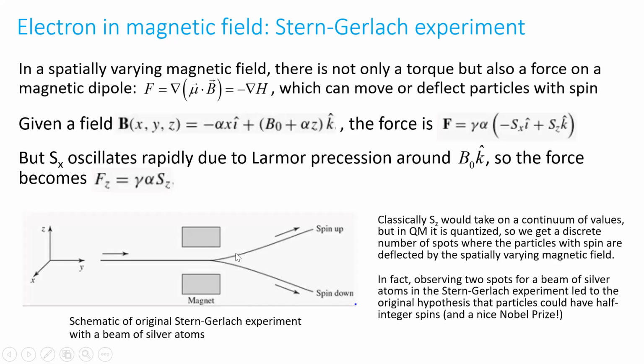There are only 2 possible values of force that they experience: either FZ is gamma alpha times h bar over 2, or FZ is gamma alpha times minus h bar over 2. So we get 2 spots, one for spin up and one for spin down. So that is a beautiful experiment which shows the quantized nature of the spin.